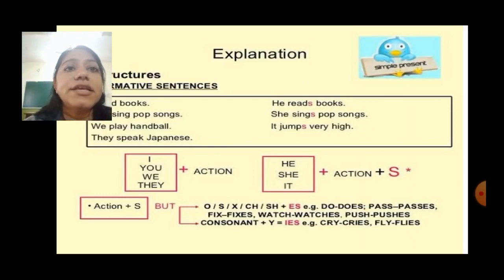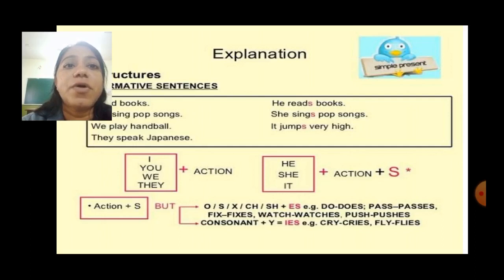Now let's see the structure of simple present tense. If I want to say that I have read the books, then I will say, I read books. But if I want to tell that he read books, then we will use, he reads books. You sing pop songs.